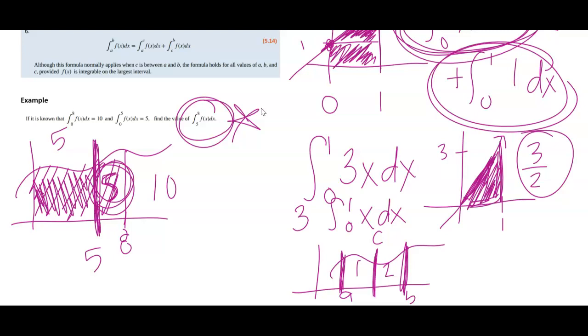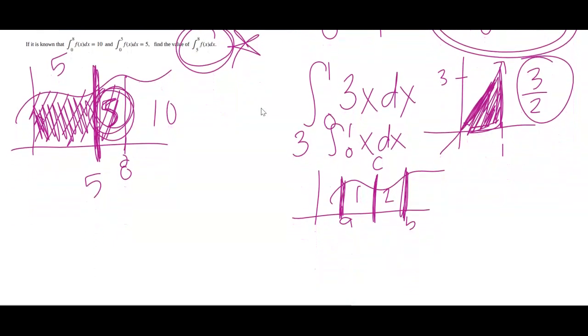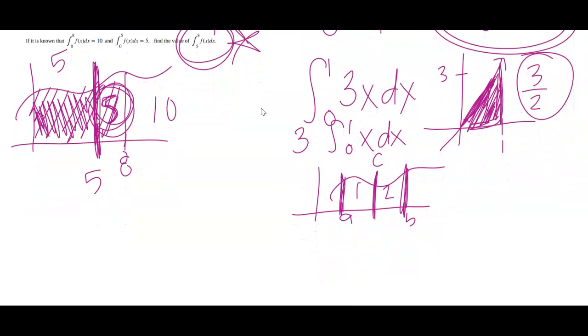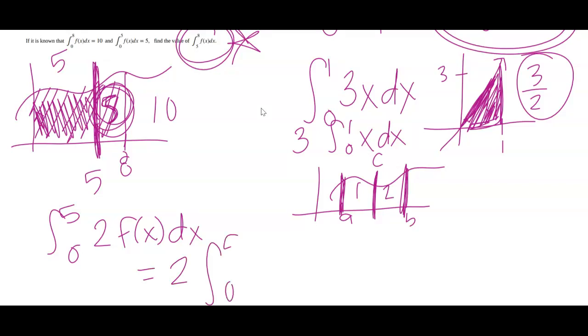Another example that we might want to look at, just using a couple of these other properties, is what if I wanted to find the integral from 0 to 5 of 2 f of x dx? Well, I can use the property that I can take the constant to the outside, and then I can take the integral from 0 to 5 of f of x dx.